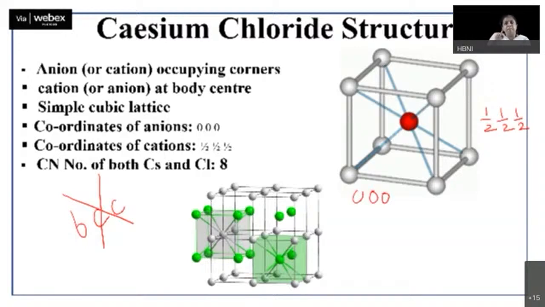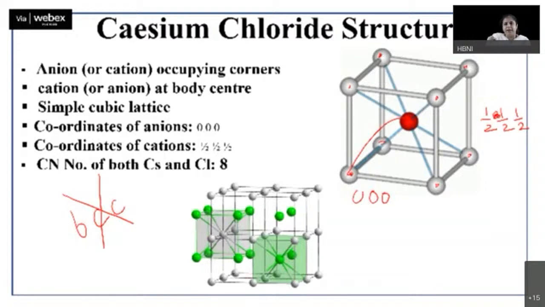interpenetrating simple cubic lattice of cesium ion and the chloride ion. And how is that? Okay, right now let us say this is chloride ion. So I have a cube of chloride ion and cesium is lying at the center. Now suppose I shift the origin by half half half. That means origin I have moved from here to here. Now this comes at the corner. There would be another red ball in the cube above it. That becomes another corner. There would be another red ball in the cube adjacent to it.